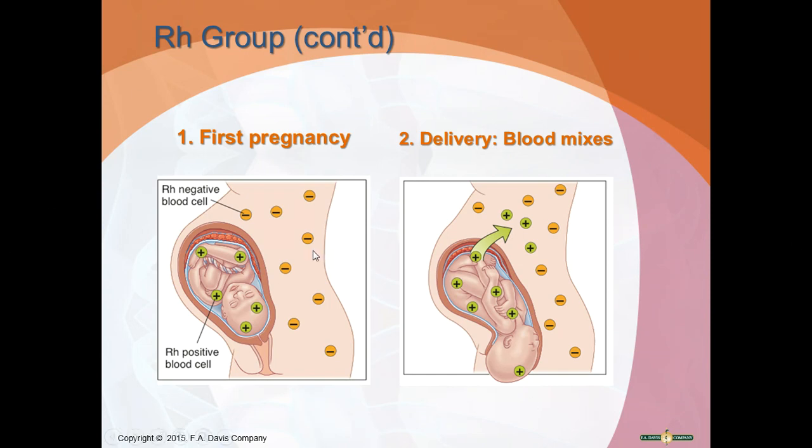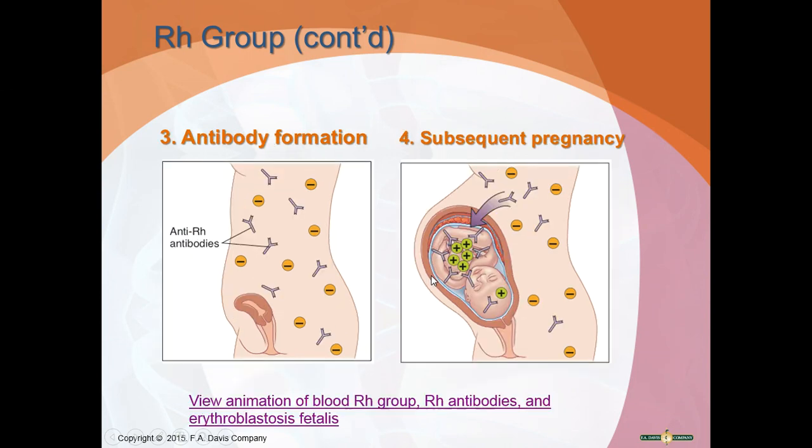But what happens is the mother's body responds by forming anti-Rh antibodies against this foreign substance. So in the next pregnancy with another Rh positive baby, the anti-Rh antibodies pass through the placenta even if the red blood cells can't.